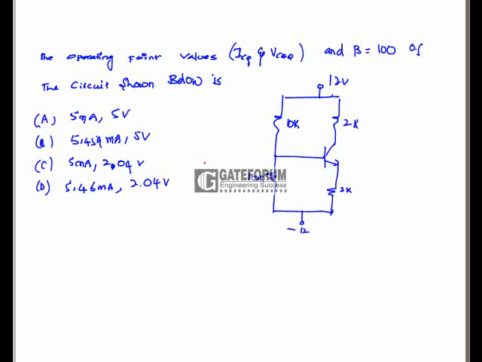We have to find out ICQ and VCEQ. Beta is given as 100 for the circuit shown below.